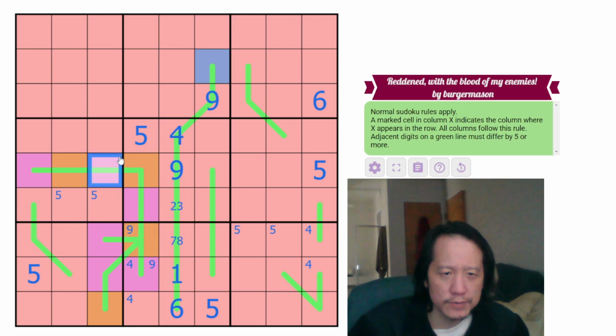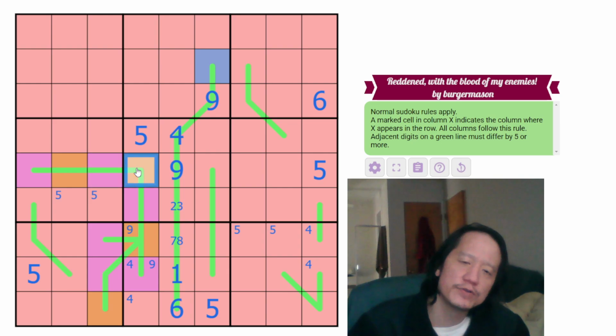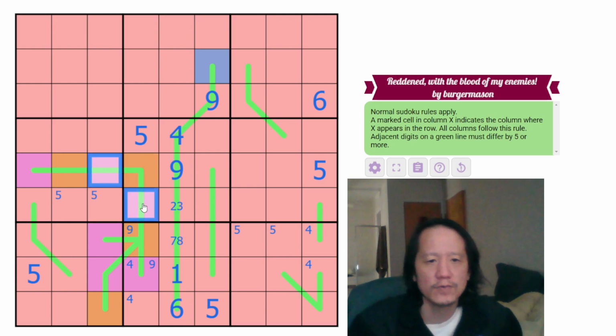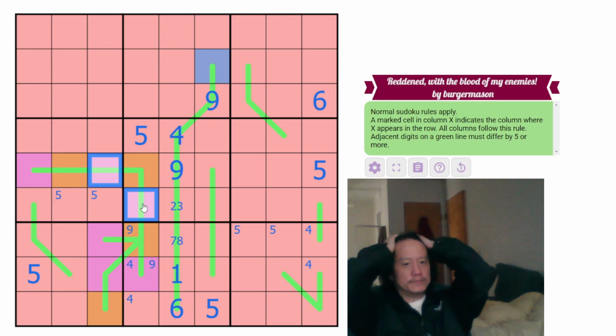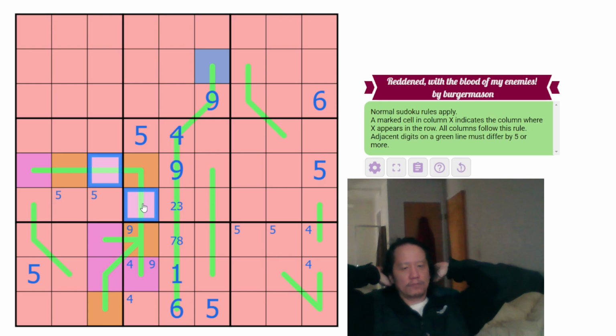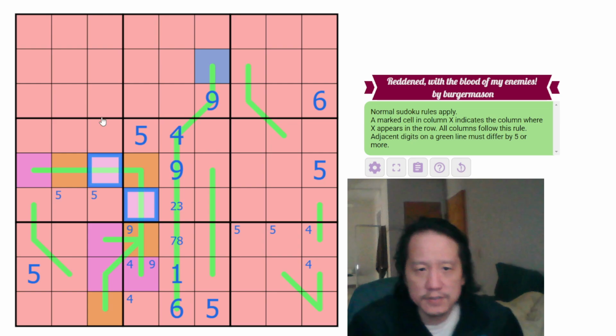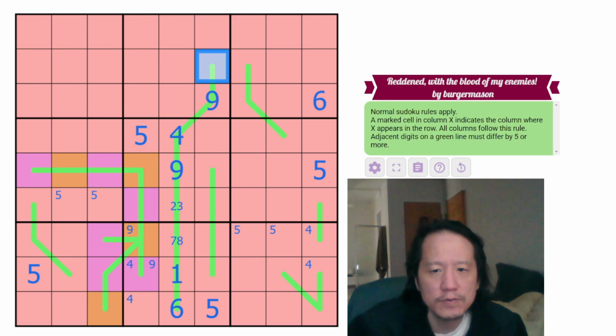We know this can never be 6 or 4. This can never be 6 or 4. This could be 6 though, because these two digits could be the same. And it could be 1 essentially, right? So this is 1 through 4.